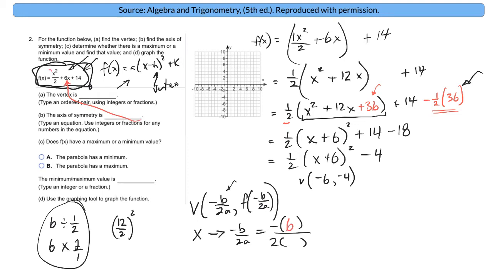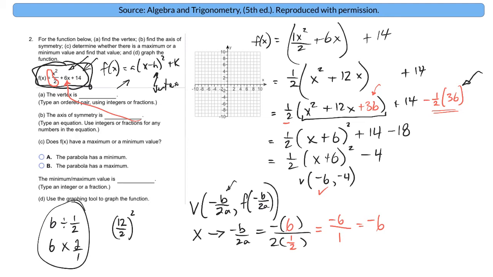And a would be this number that's in front of x squared, which is 1/2. So that'll be minus 6 divided by, is that right? Yeah. 2 times a half would be 1. And so the vertex would be minus 6. Not the vertex, the x value of the vertex. Notice that that's what I got up there.